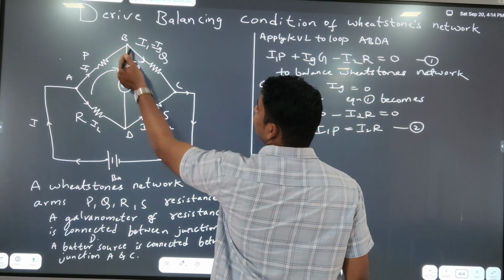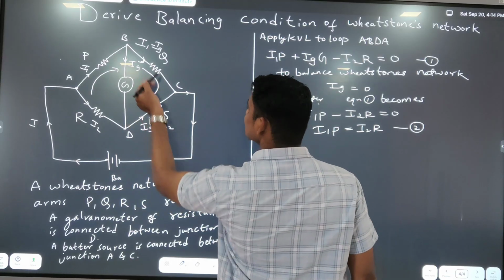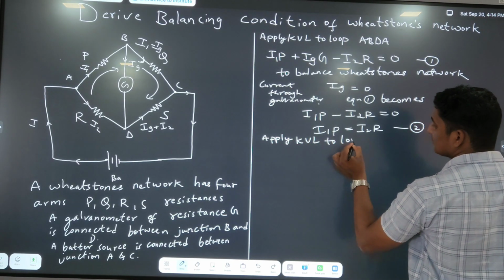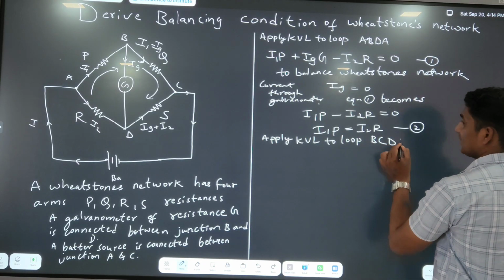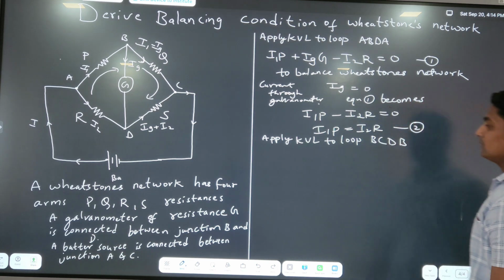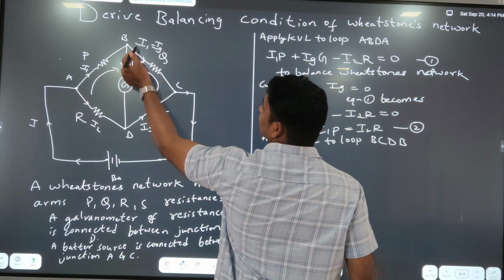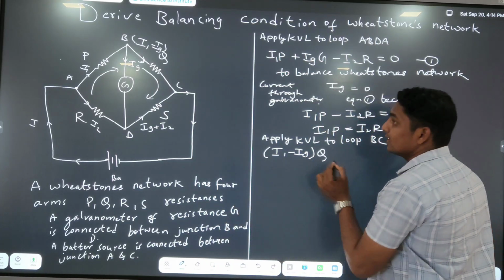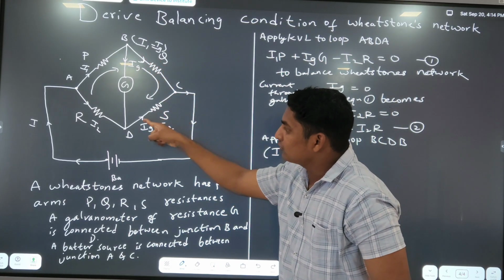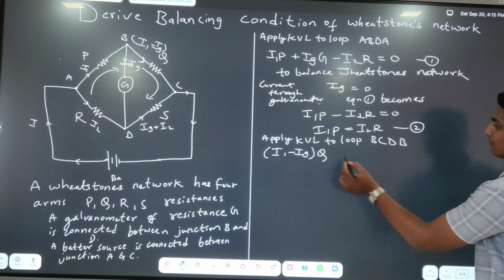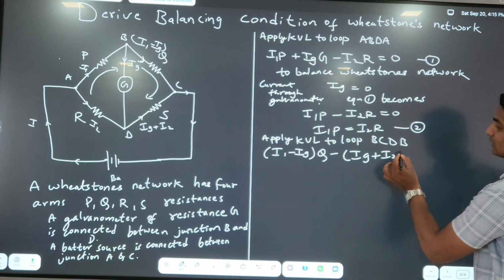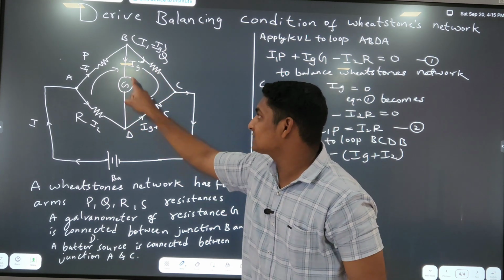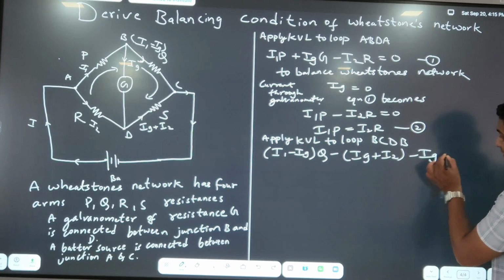Let us suppose the loop starts from B, C, D. So the loop is moving like this, B, C, D, B. Apply KVL to loop B, C, D, B. First we are moving from B to C: I1 minus IG into Q. Next we are moving according to the loop, but the current is in the opposite direction, so it should be minus IG plus I2, into S. Again, our loop is going in this direction and the current is coming in the opposite direction, so minus IG G is equal to 0.